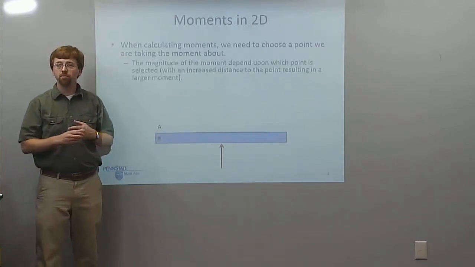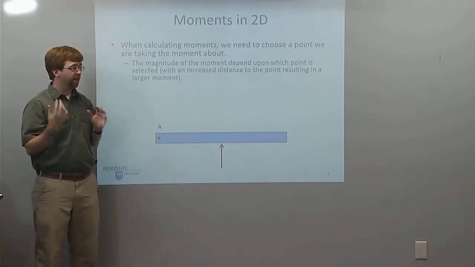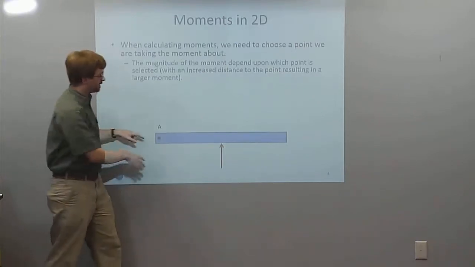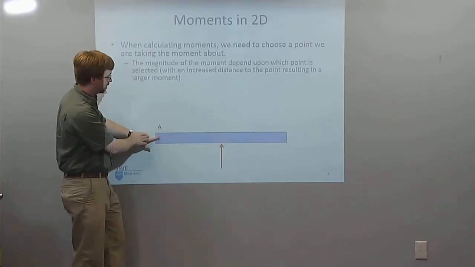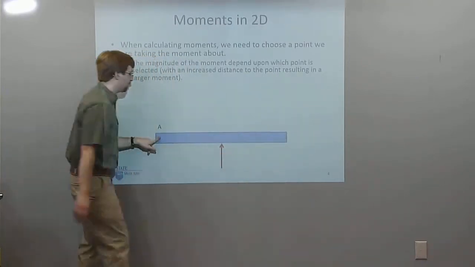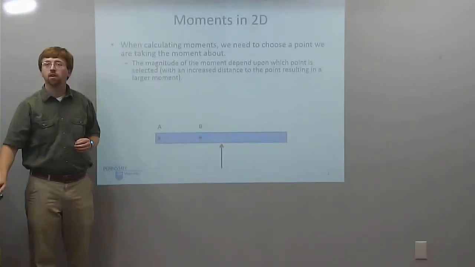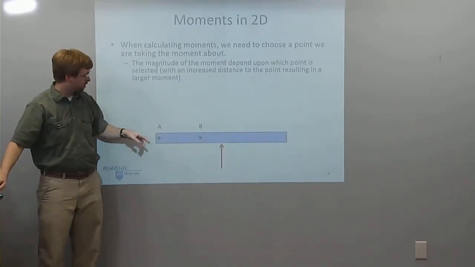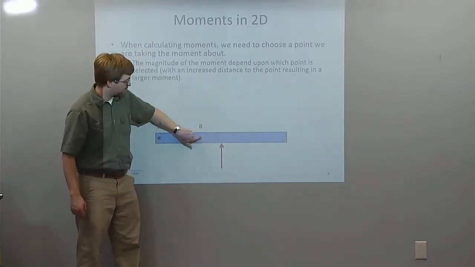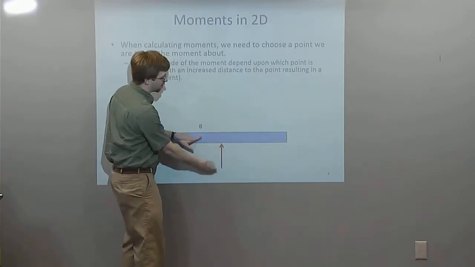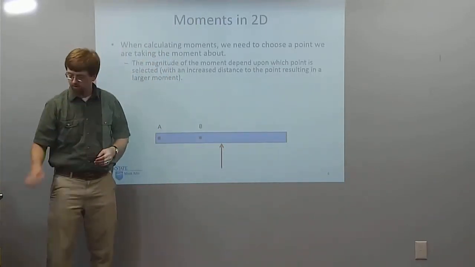The magnitude of the moment is going to increase not only with the magnitude of the force, so the larger this force, the more rotation it will cause, but also the further out I am from my point, the larger the moment is going to be. If I choose a point closer, like point B, if I moved the hinge over here and I'm holding this point down, since this force is a lot closer, the moment is going to be smaller.